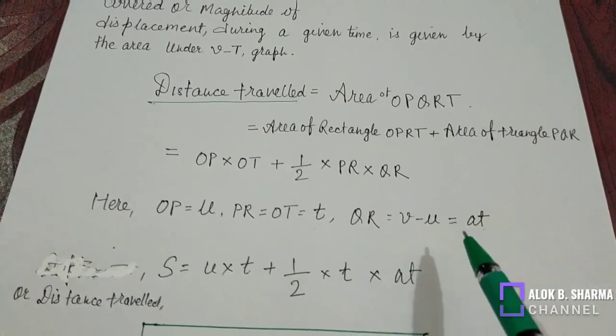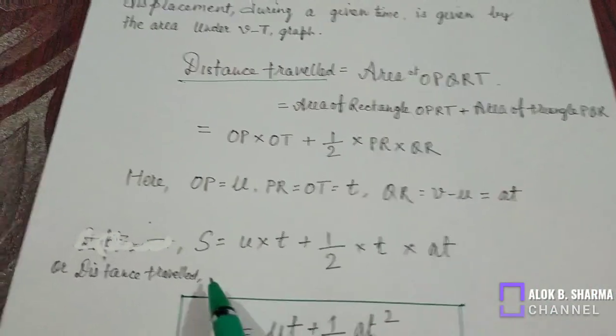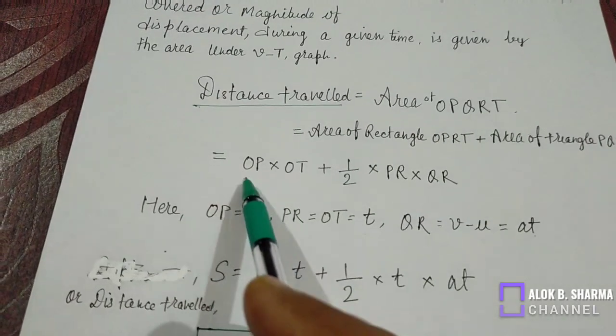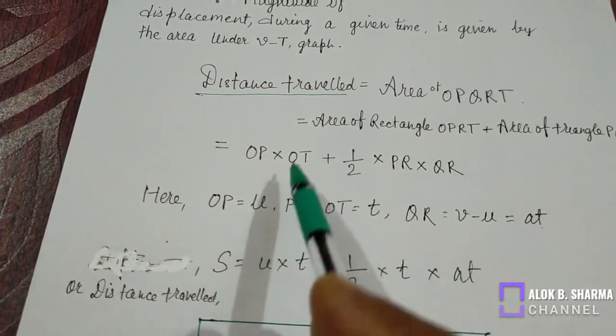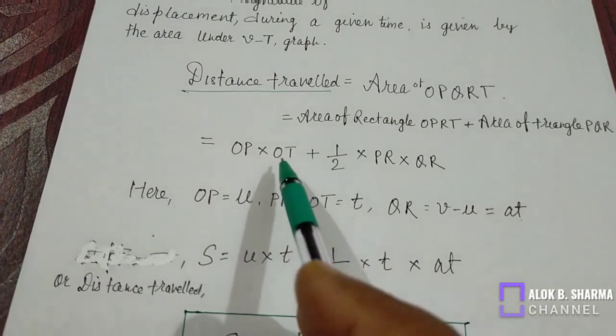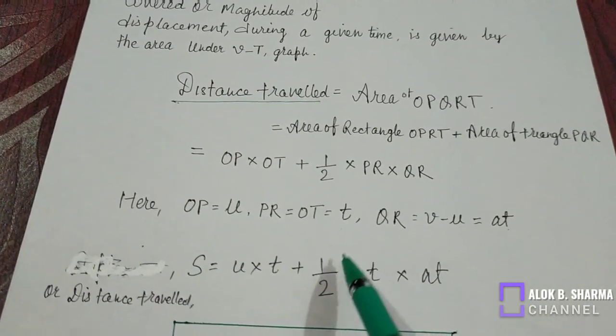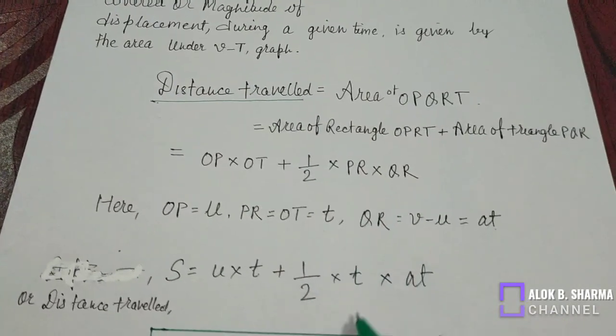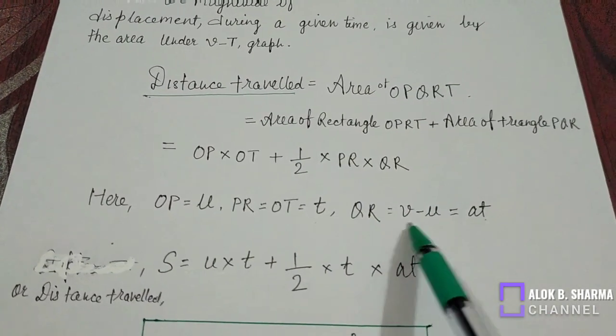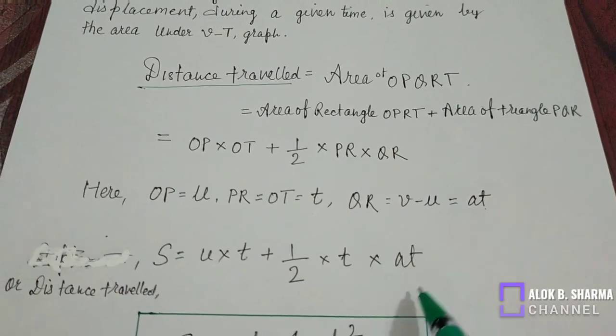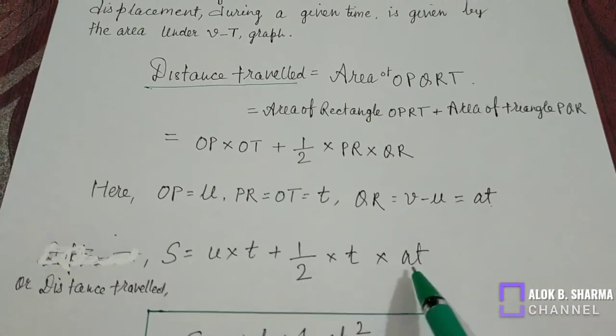Now we will put these values into the above equation. So S equals OP, this is U, into OT, this is T. So this becomes U into T, plus half into PR equals T, into QR equals V minus U, and V minus U equals AT.